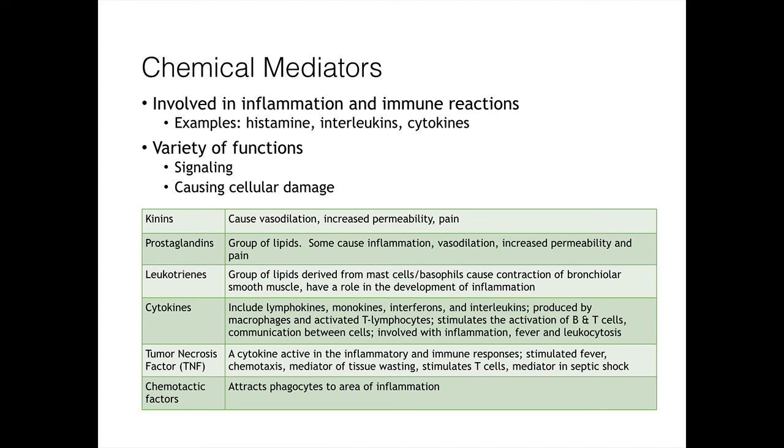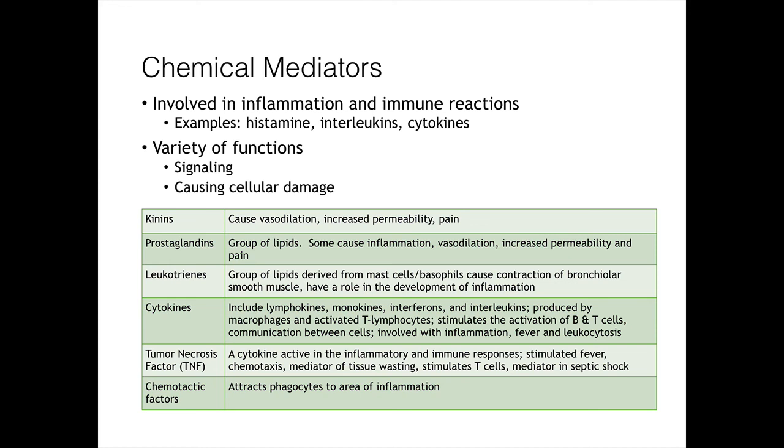They have a whole bunch of different jobs, one of which is to enhance the inflammatory response by, again, increasing vascular permeability. They also seem to have some chemotactic properties, which means they call neutrophils towards the wound site, and they can also stimulate free nerve endings, free pain endings.